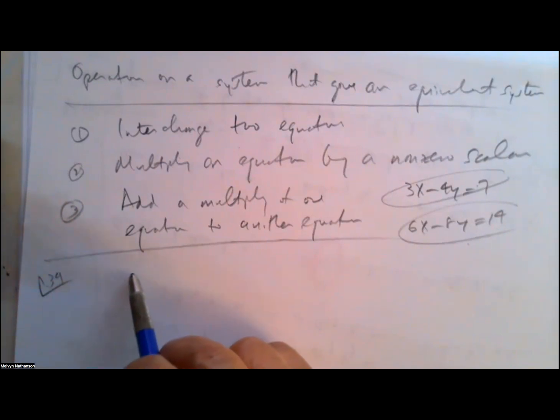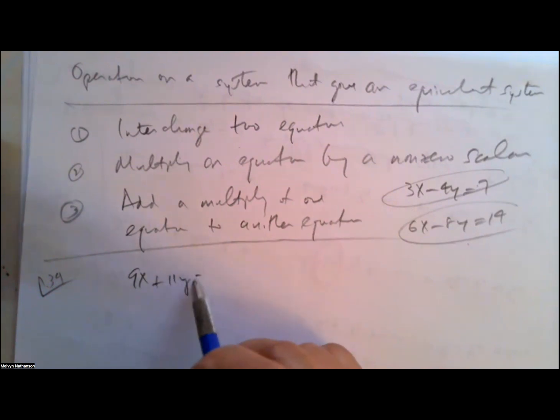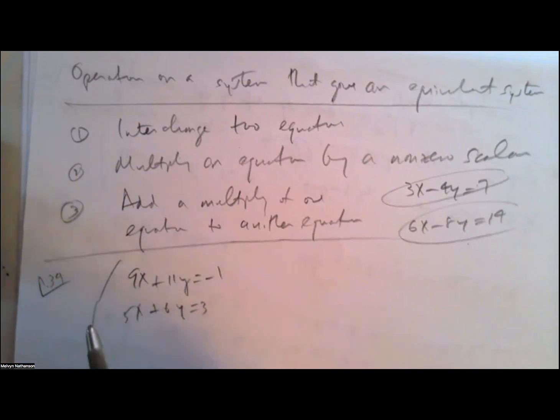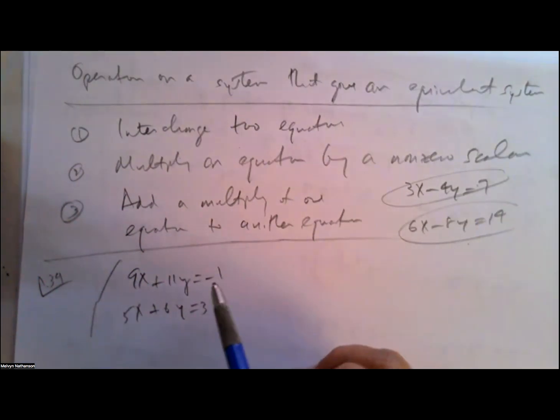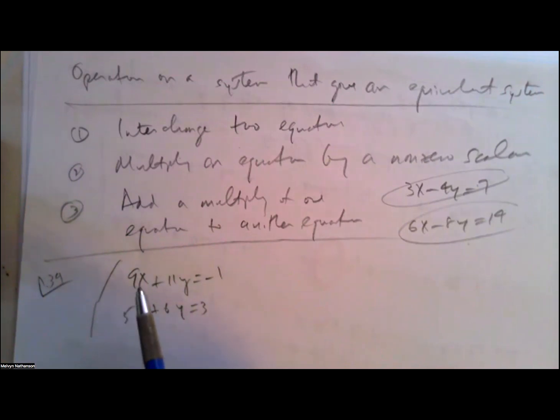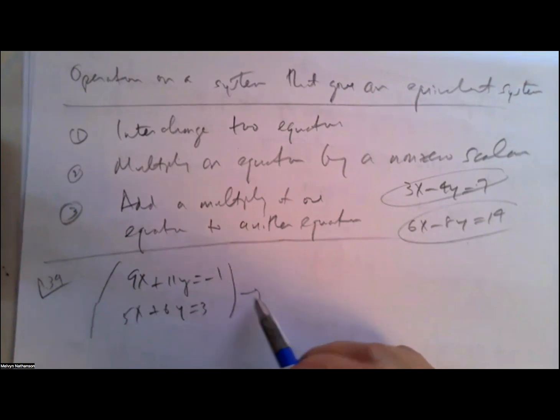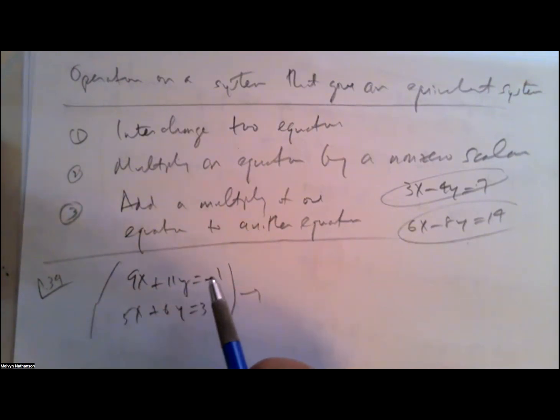We have the system of equations 9x plus 11y equals -1, 5x plus 6y equals 3. Sometimes it's easier to deal with an equation if the coefficient of x is 1. So I could take this first equation and multiply it by 1/9, that is, divide by 9.